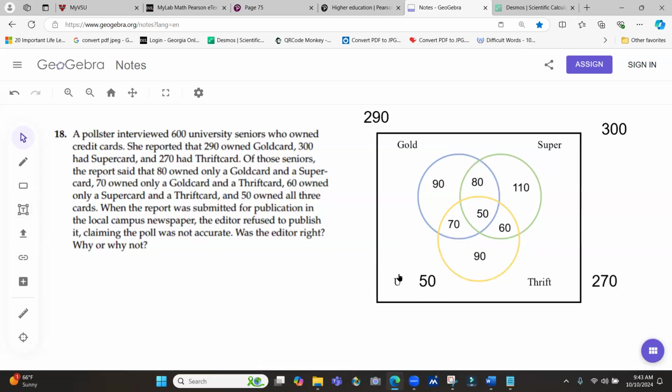Let's double check our math. 290, 80 plus 50 is 130. That's the blue circle adding up to 290. I'm good over there. 300, okay, 110, 110, 220. That's also 300. I'm okay. And 270, 50 plus 60 is 110, and that's 270.